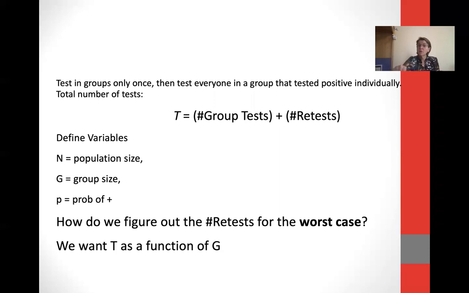So we're going to think about the worst case and think about those individuals who are positive being spread across those groups. And then we can think about how to come up with an expression for those number of retests. So we have the total number of people in the population, which was 30 for us. The group size will vary. And that probability of a positive for us was 2 out of 30, okay?